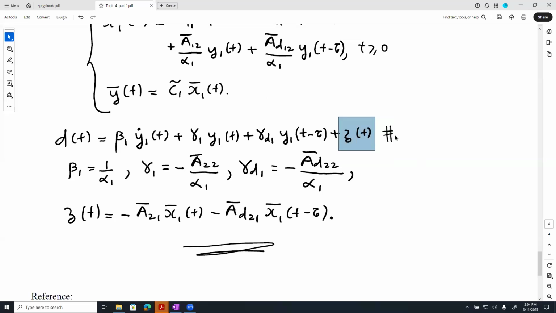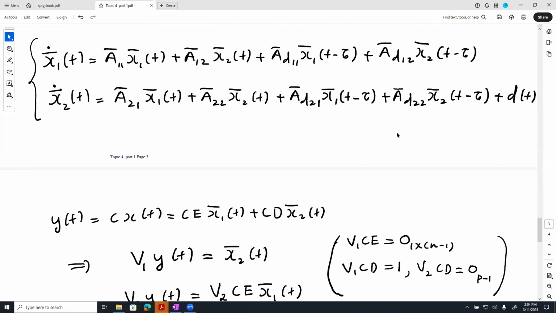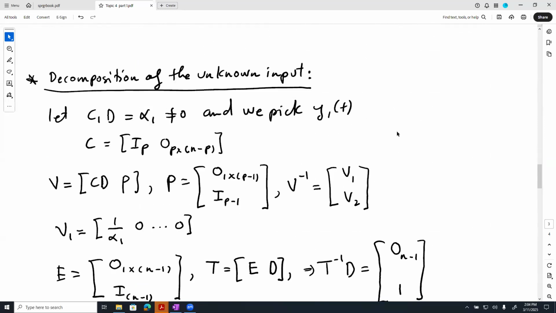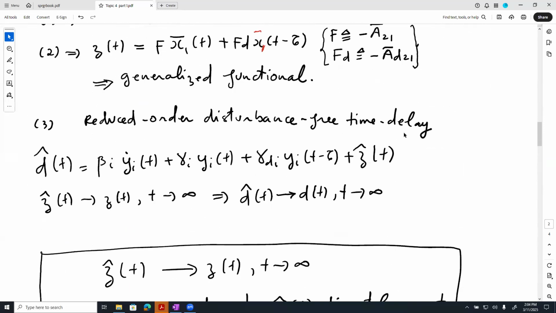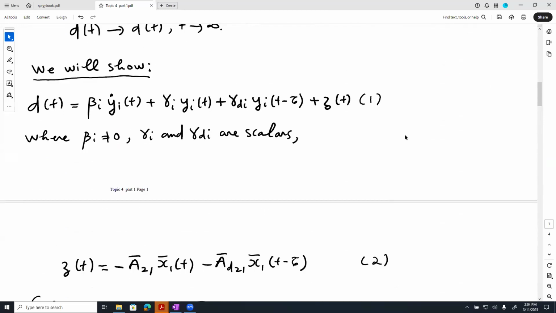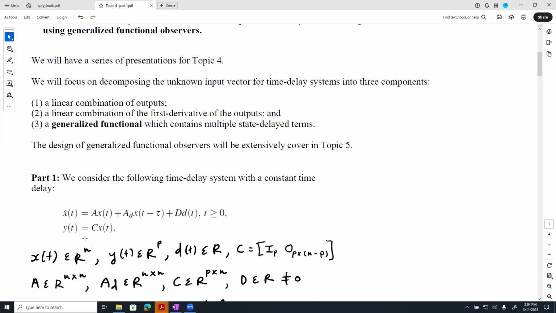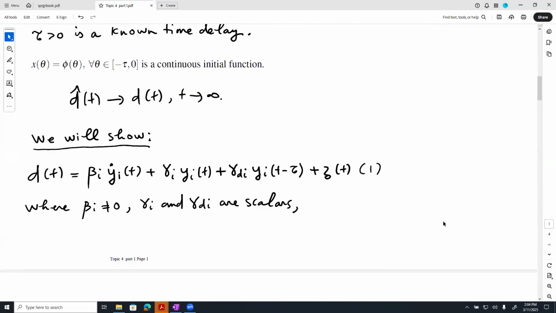And so if we look at the decomposition of the unknown input estimation for time delay systems, particularly for this time delay system, we can see that we can adopt the matrix decomposition technique, and we can express the unknown input in its entirety.